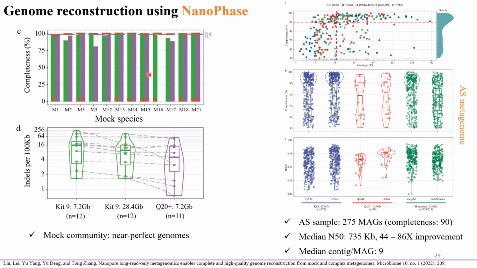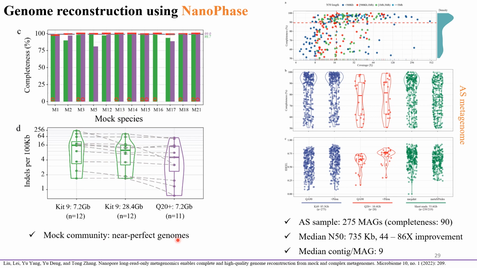To facilitate rapid genome reconstruction, we introduced NanoPhase, a package to generate MAGs from nanopore long-read datasets. We first tested the performance of NanoPhase using the mock community. The results showed that NanoPhase can recover near-perfect genomes.